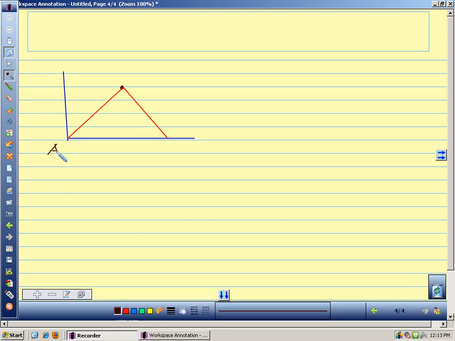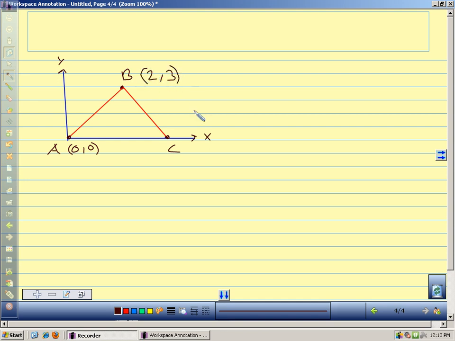So this is A, this is B, and this is C. And A is at 0, 0. B is at 2, 3. And C is at question mark, question mark. That's what we're trying to figure out here. And we're going to say that AB is congruent to BC. And we want to figure out what the coordinates of point C are.